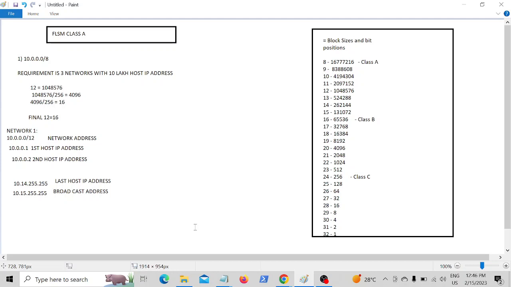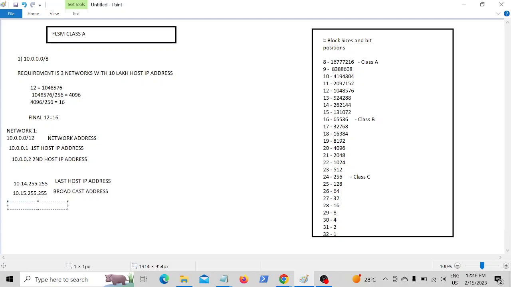Can somebody tell what will be the network 2? So next, coming to the 10 network. 10.16.0.0, okay, this is network 2.